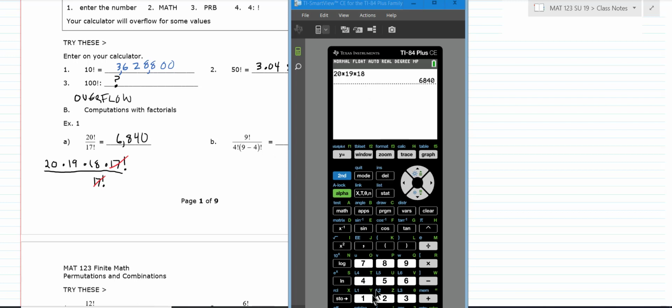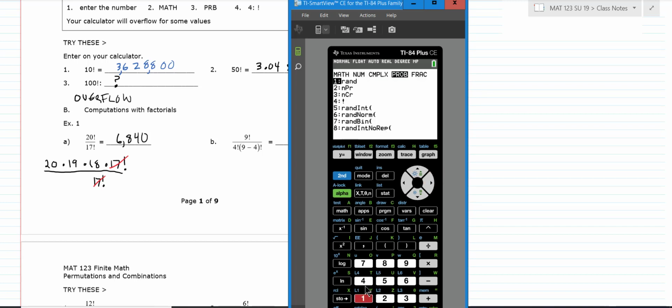Now, you can also do this on your calculator like this. You could go 20 factorial, which we could put in.